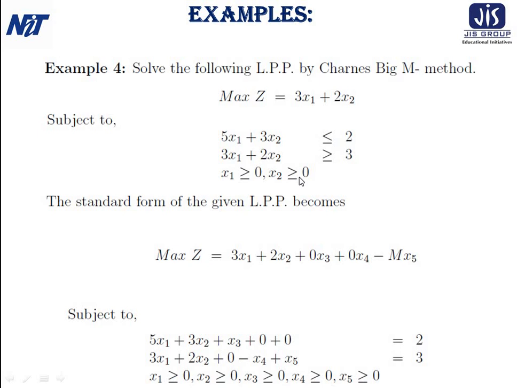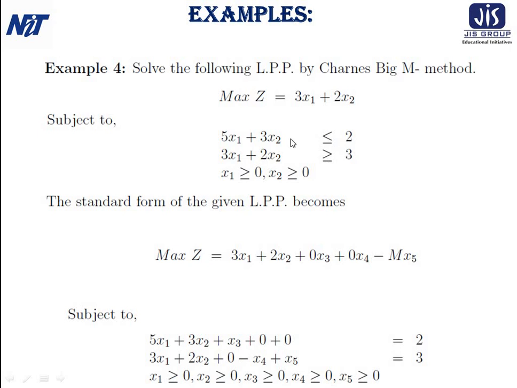So at first we will write the standard form of the given LPP. So what is the standard form? At first we have to add some variable in the first constraint because it is less than or equal to, and we have to subtract some other variable from the left hand side of the second constraint, then it will be equal to the right hand side.